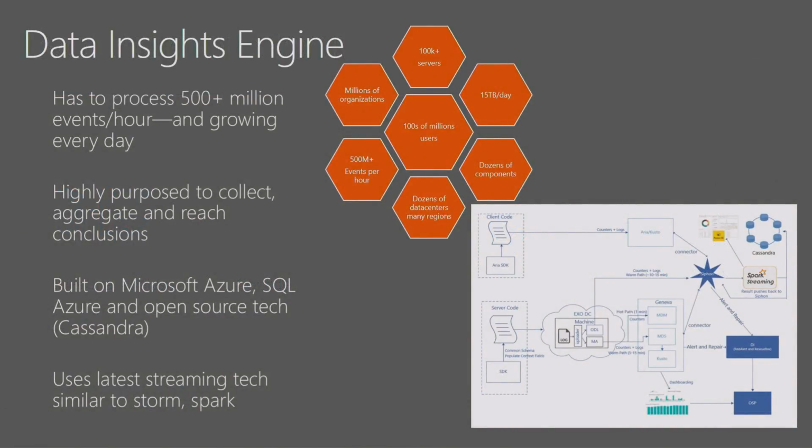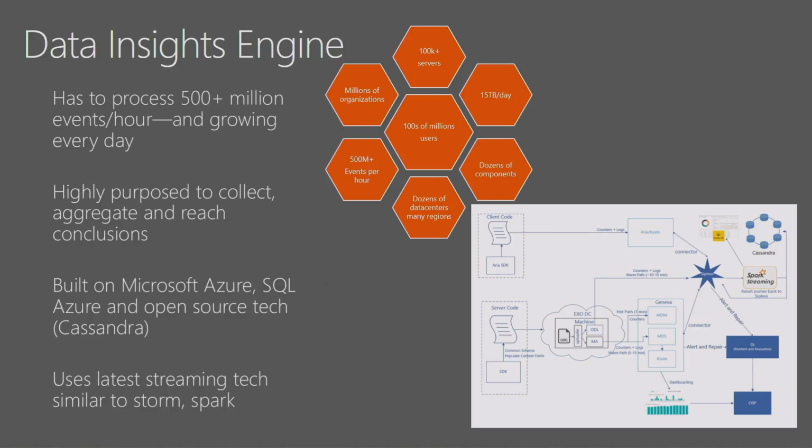At the heart of our monitoring system, we have this thing called the Data Insight Engine. It was built for massive scale. As you can see, it's probably even higher than 500 million transactions per hour at this point. Not only that, we are constantly adding and evolving the capability, things like new signal ingestion pipes and new data streams. In fact, the technology we used to build this engine has evolved over time.